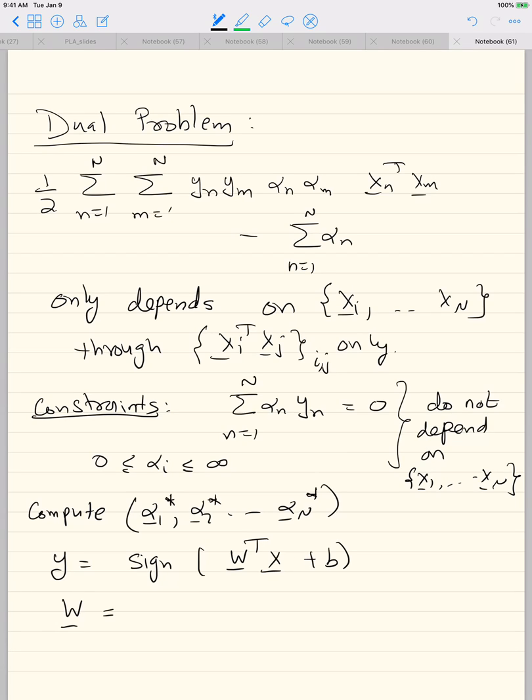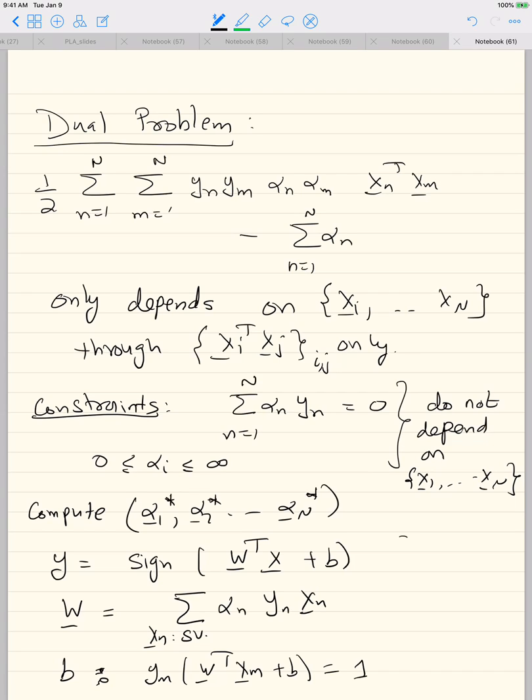So here w is expressed as the sum of alpha n yn xn, where we sum over all xn that are support vectors, and b was obtained by solving ym times w transpose xm plus b equals 1. So we solve this to get b.